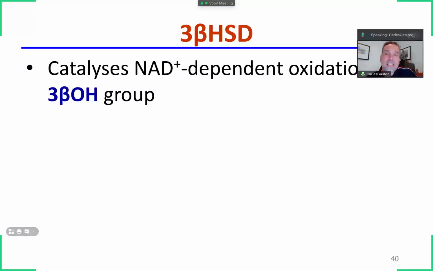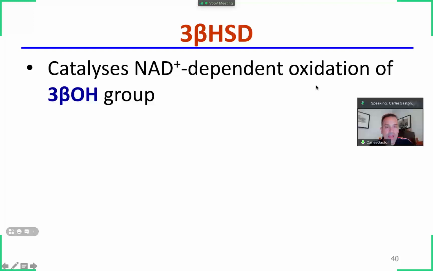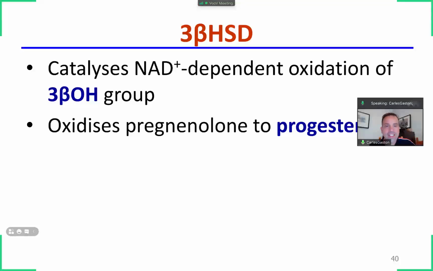What about the other enzyme, the 3-beta HSD? It catalyzes NAD plus dependent oxidation of the 3-beta OH group. Again, I'm just talking today about the biochemistry, but you don't need to know. Okay, this is too much information for your level.